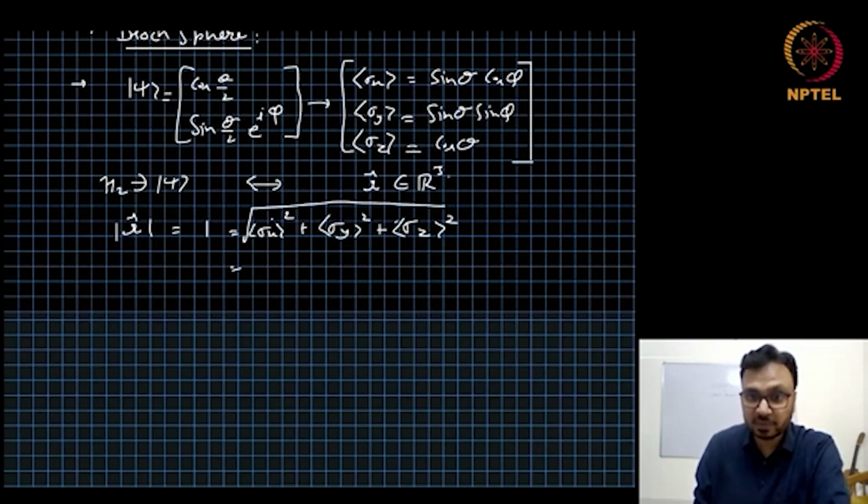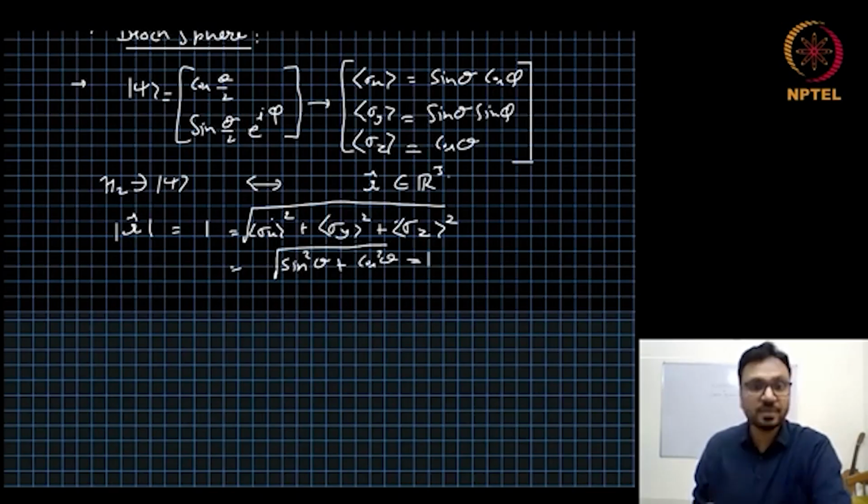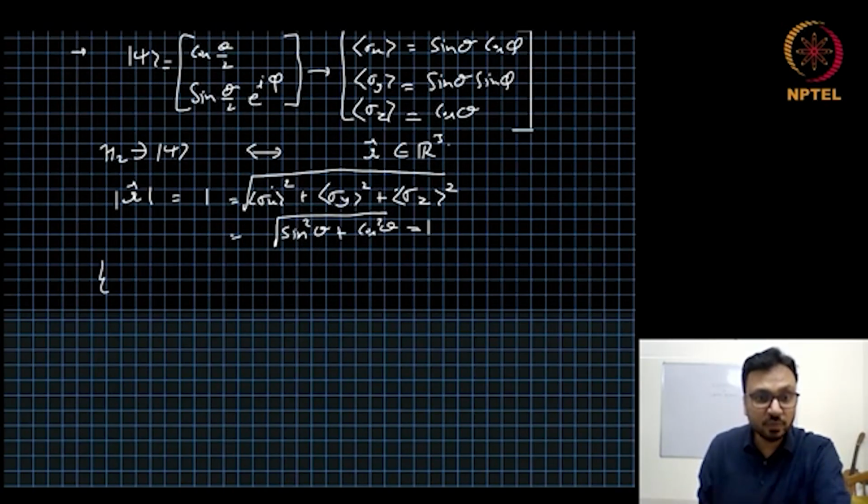Sigma x squared plus sigma y squared we can get, and it will be sine squared theta, plus sigma z squared is cos squared theta. This is 1, and the square root of that is 1. So the vector R, the norm is 1. So if we take the set of all the vectors R of this form, they form a sphere in R3, in three-dimensional real space.